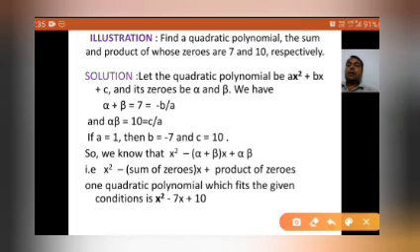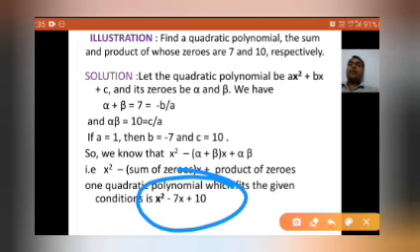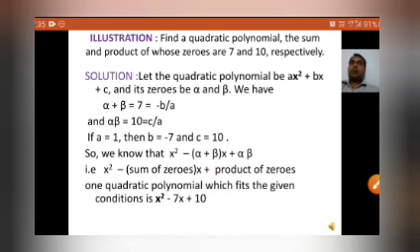This is the required quadratic polynomial. So today we discussed the relation between zeros and coefficients and some related problems.